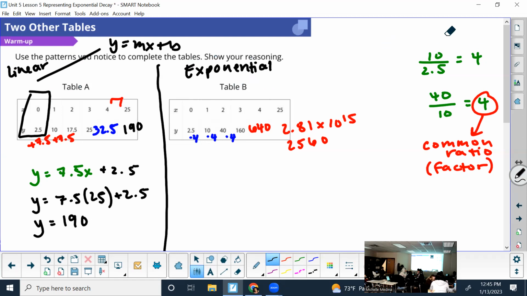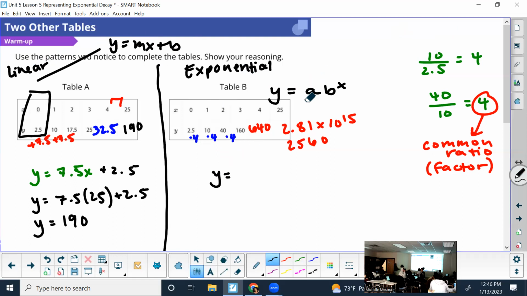All about exponential functions. So where linear is y equals mx plus b, exponentials are y equals a times b to the x. Also those growth and decay formulas that I showed you, but this is like the standard exponential function. So a is for your what?